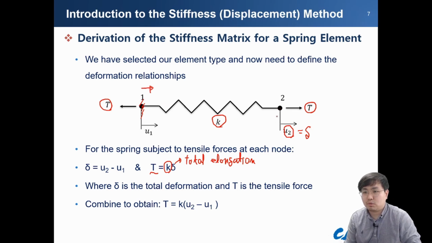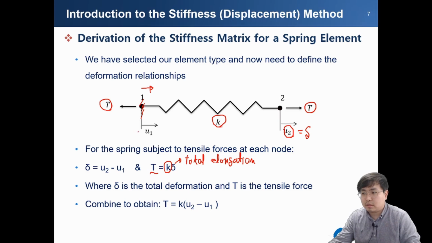That means we cannot say that the total elongation equals U2. So I say that this is a displacement, not the absolute coordinate.